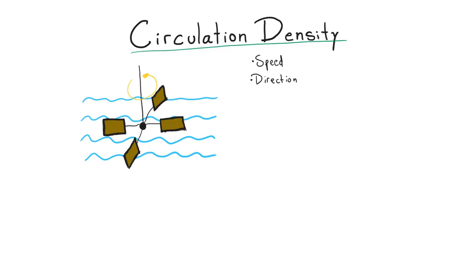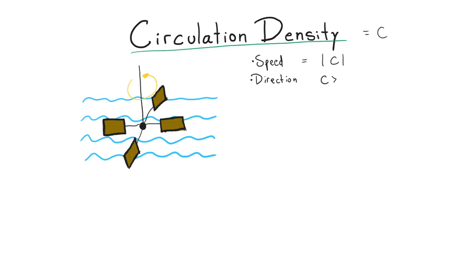Normally, when we have a mathematical quantity that defines both speed and direction, we don't use a scalar, we use a vector. However, circulation density is actually a scalar, and the way that we're able to use a scalar to describe these two quantities is, well, if we said that the circulation density were equal to some value c, then our speed would be denoted by the absolute value of c, and then the direction would be denoted by the sign of c.